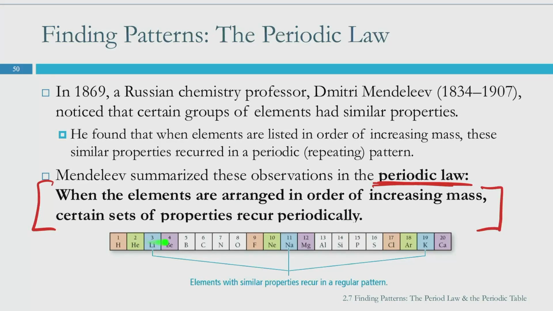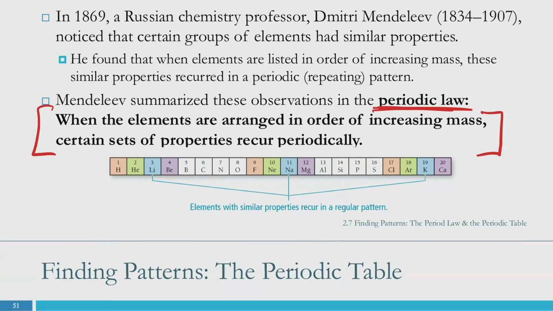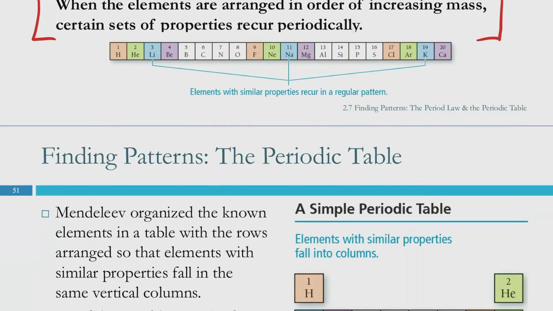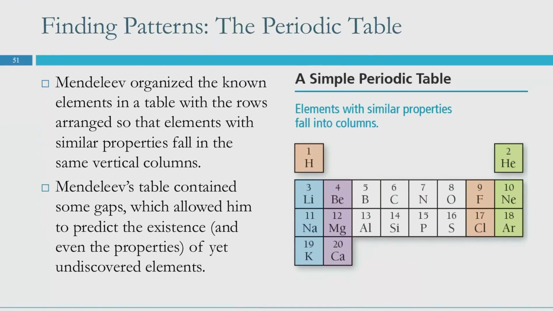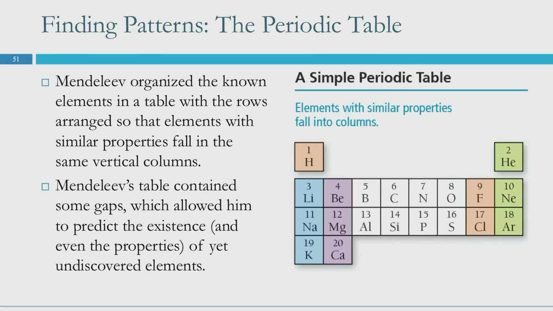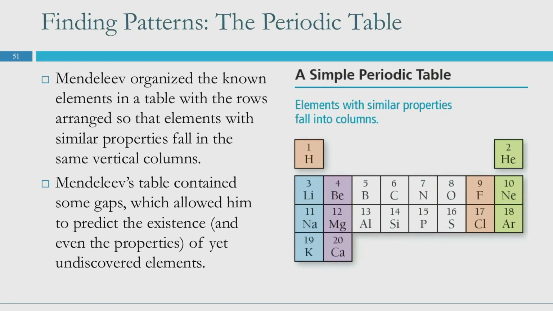So rather than just listing out our elements in this flat block and then another row below it, we can arrange our periodic table in a way that conveys more information, or that shows us more information. And that's where we get the periodic table that we have now. Mendeleev organized the known elements into rows so that similar properties fell in vertical columns.